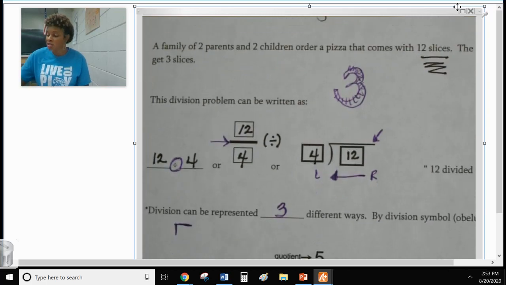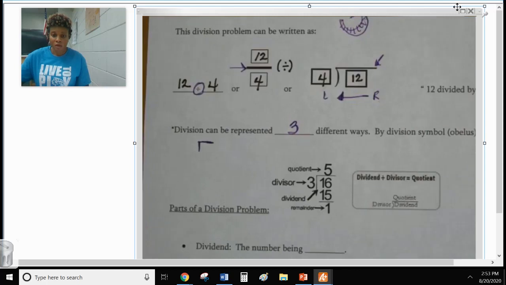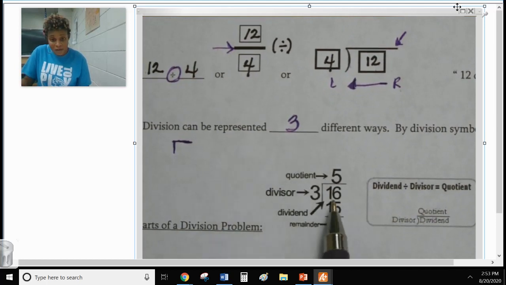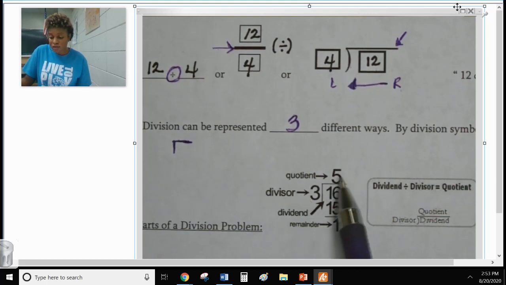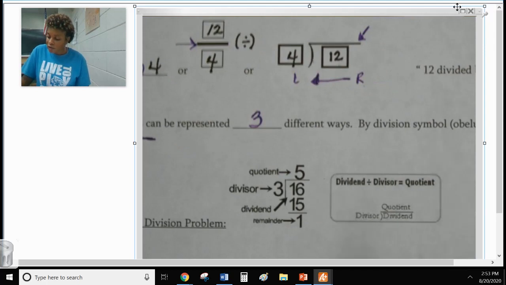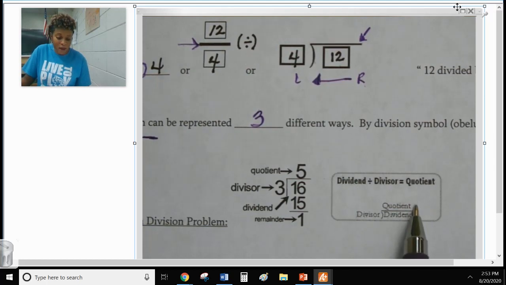Let's talk about the parts of a division problem. When we talk about a division problem, there are 4 parts. There's the number inside the house, it's called a dividend. The number outside of the house is called a divisor. The answer on top is called the quotient, and anything left over is called a remainder. So here's another representation with the words: divisor is outside, dividend is inside, quotient is on top.